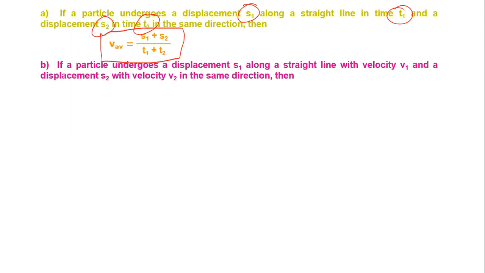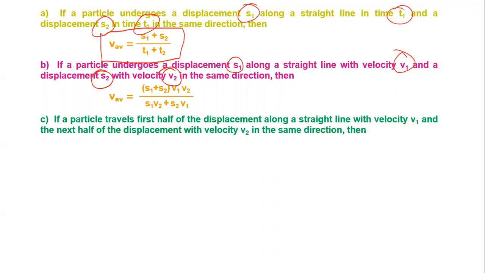If a particle undergoes displacement s1 along a straight line with velocity v1 and displacement s2 with velocity v2 in the same direction, then average velocity is (s1 plus s2) into v1 v2 divided by (s1 v2 plus s2 v1). We are not going into the proof for this one, but you remember these cases.